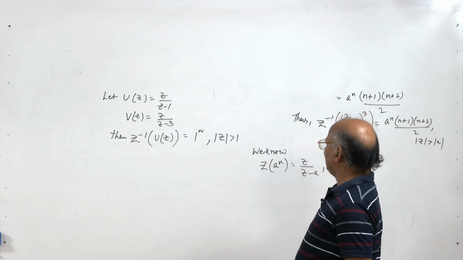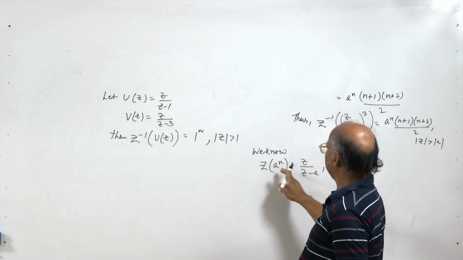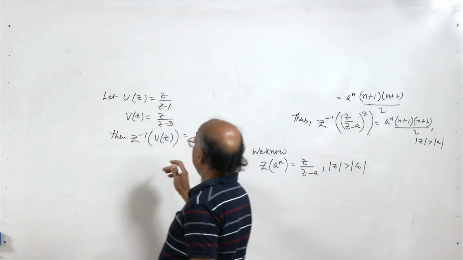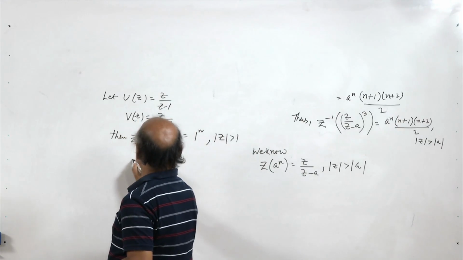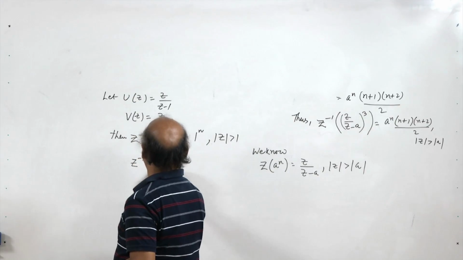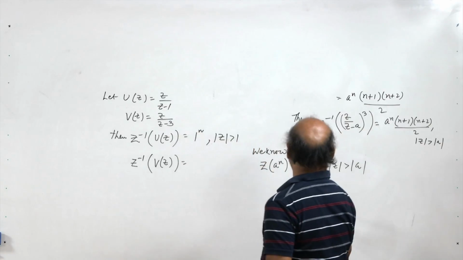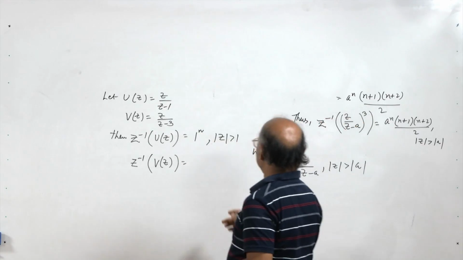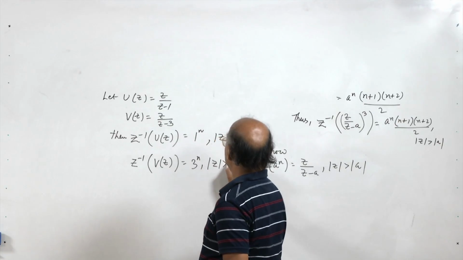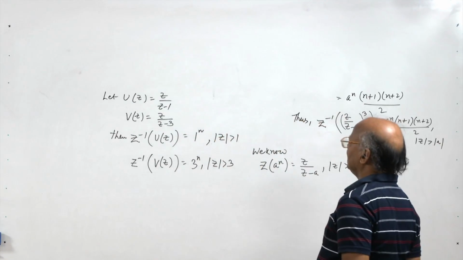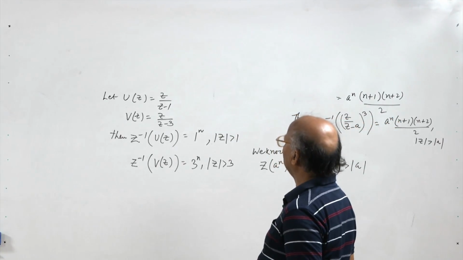So taking a equal to 1 here, we get that Z inverse of z over z minus 1 is 1^n, and similarly Z inverse of B(z) is z over z minus 3. So we will take a equal to 3 here. So this is 3^n provided mod of z is greater than 3. So we know the inverse Z transforms of z over z minus 1 and z over z minus 3.